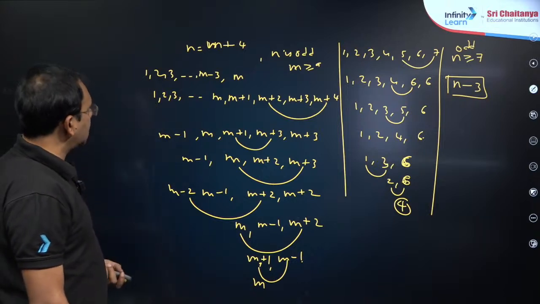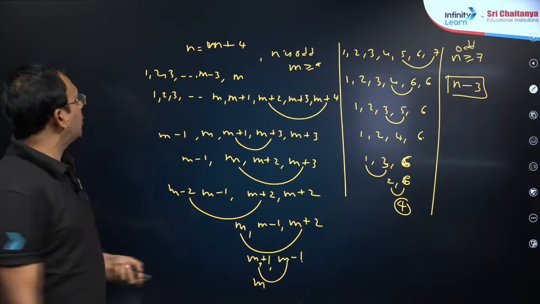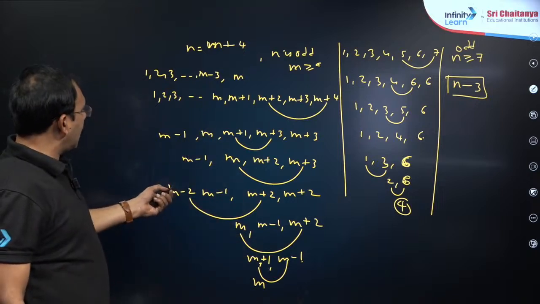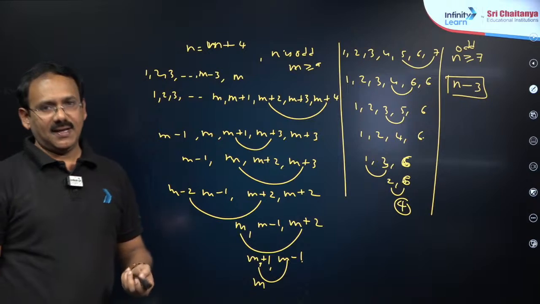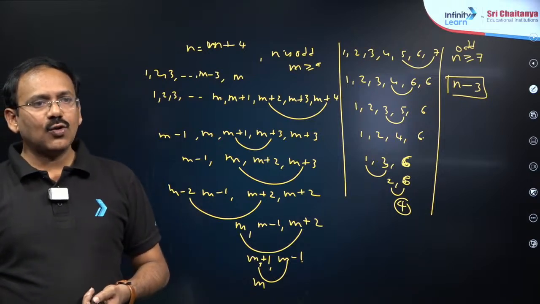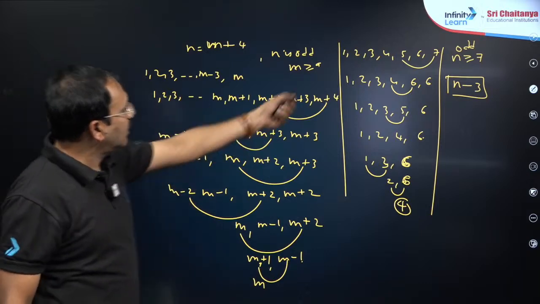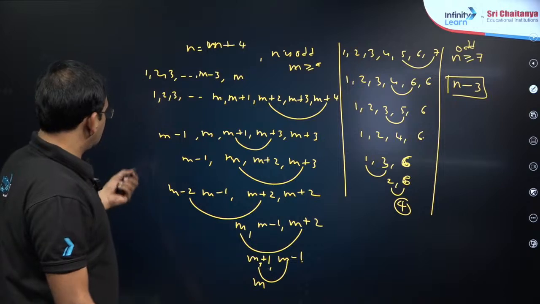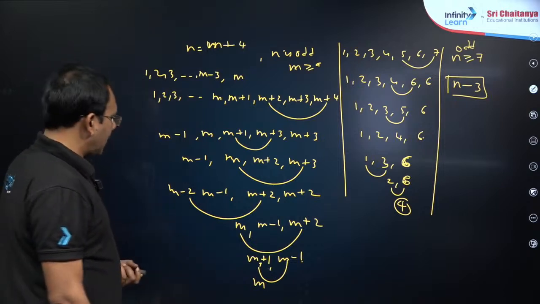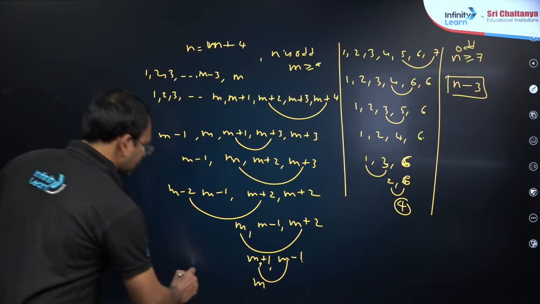N minus 3 means you will get m here, right? M minus 3 you are going to get here. You see, if you use m minus 2, you are left with m minus 3, right? If it is m minus 3, dear students, you are going to get here n minus, whatever number you got, n minus 3 means this is m minus 3 means you will get m minus 5.